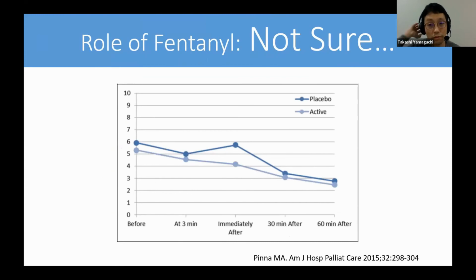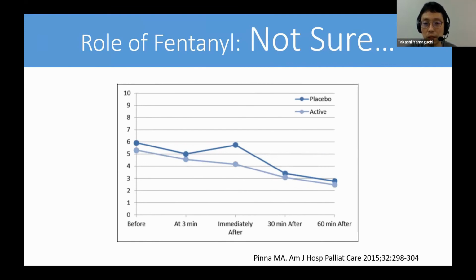So talking about fentanyl, there are several studies about fentanyl for cancer dyspnea. This is a study conducted by Pinna from Brazil. He evaluated oral transmucosal fentanyl in a placebo-controlled RCT.